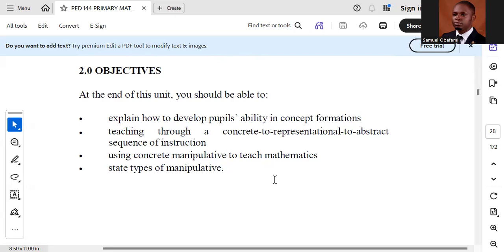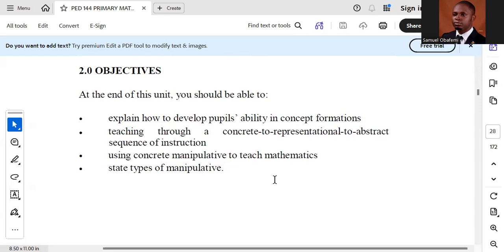Then you should be able to explain how to use concrete objects in mathematics teaching. And lastly, you should be able to differentiate or explain different types of manipulatives used in mathematics. We have different ways we manipulate mathematical concepts. Okay, let me not jump into that for now.